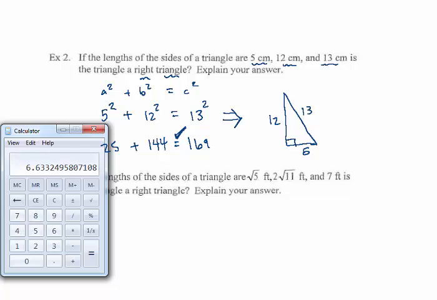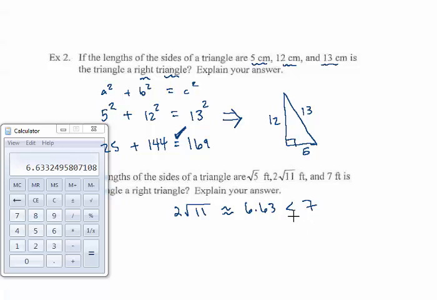These digits never end, so we have to round it, but you can see that 2 times the square root of 11 is approximately 6.63, which is still less than 7, but it came close to winning the spot for the hypotenuse. Alright, so just double check your radicals before you just put the numbers in the formula. Make sure you're putting them in the right place.